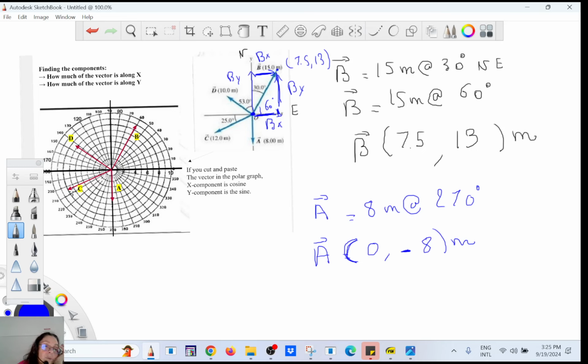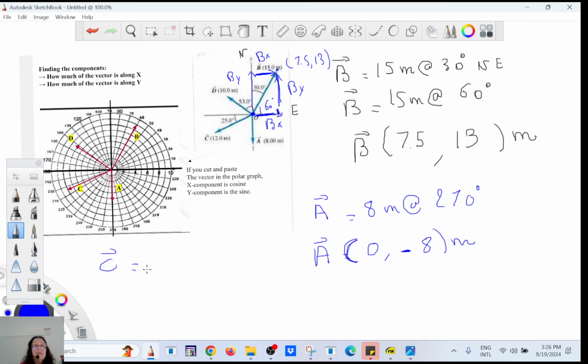Let's try to do C. Try C on your own. Now you don't need the polar graph, right? You can do it in your head. You can say, okay, this is 180, that's 25. But if you don't remember, you forgot everything about math, then you can use your polar graph here. 170, 180, 190, 200, and that's going to be what?